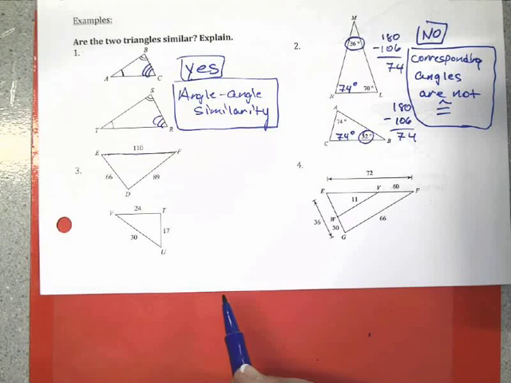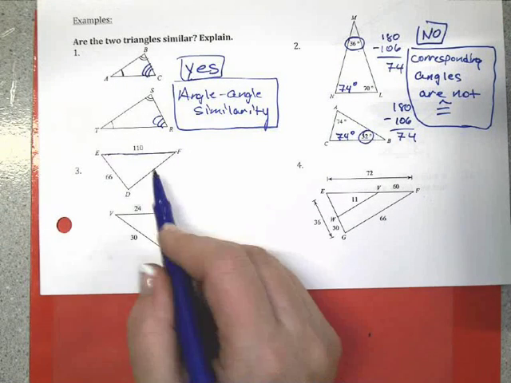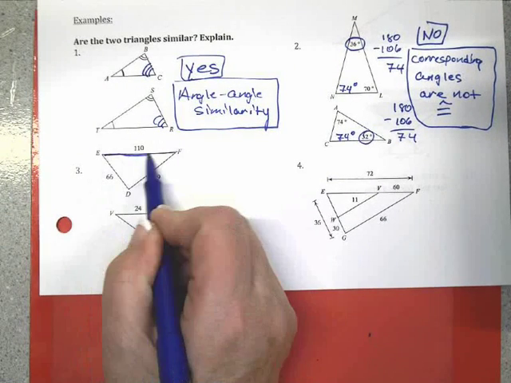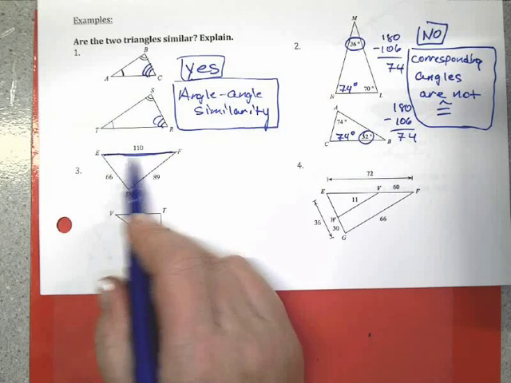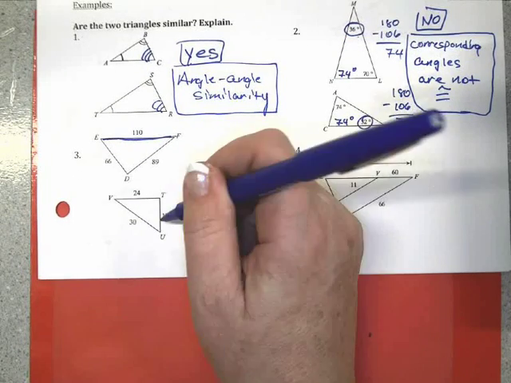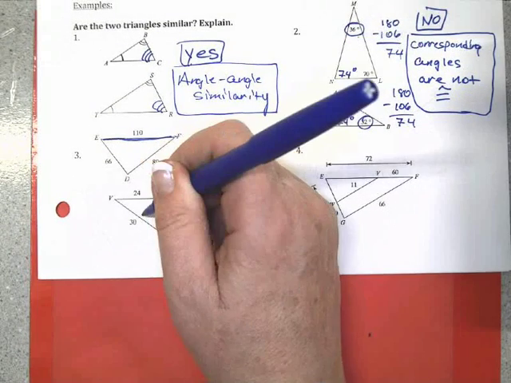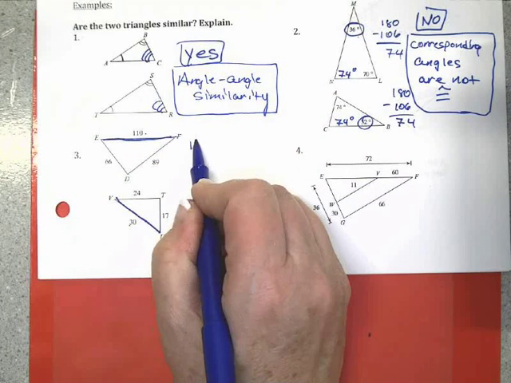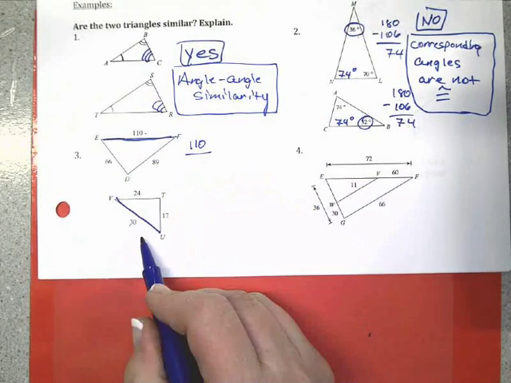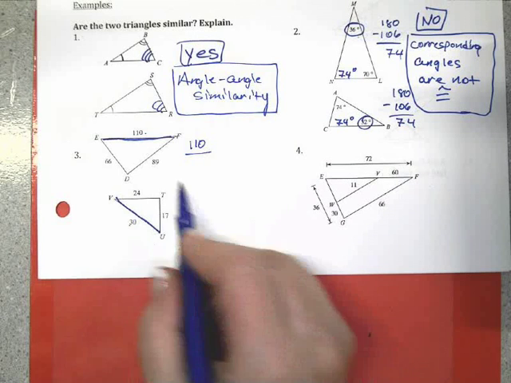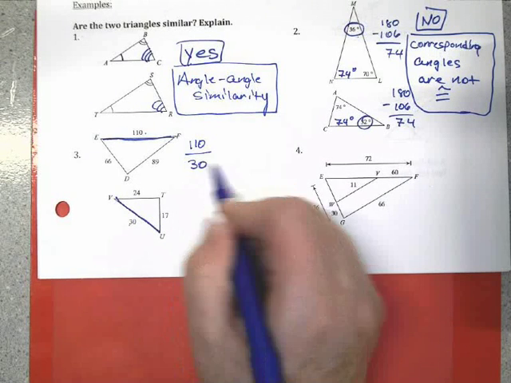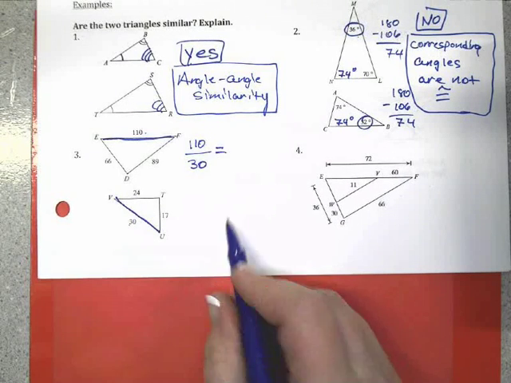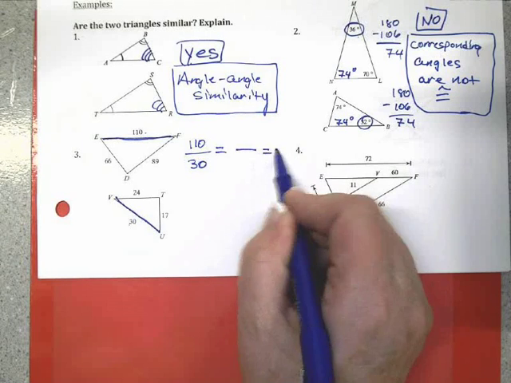Now, ratio means we're setting up a fraction. So let's go ahead and find our corresponding sides. 110 is my longest side on this triangle. The longest side on this triangle would be 30. So these are corresponding sides, so let's set up a ratio showing the measurements, 110 over 30. Now that has to equal, so we're going to set up three ratios here.